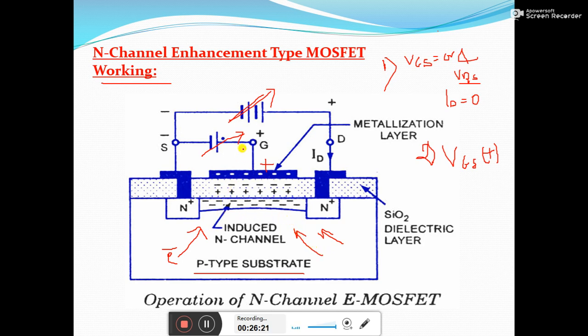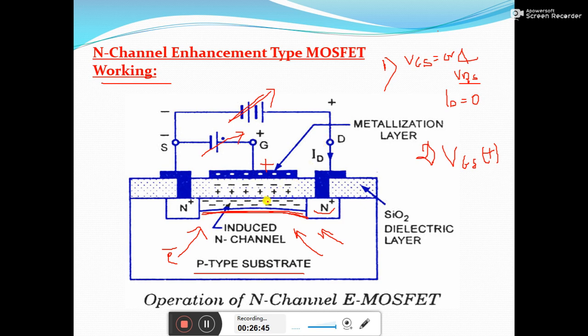At some point of VGS voltage, a channel is formed, and the electrons that are repelled from the source move towards the drain terminal, or you can say at some point of VGS voltage, a significant amount of current ID is observed.